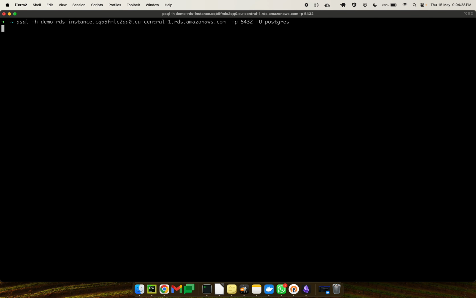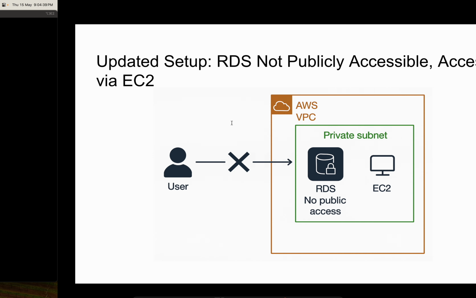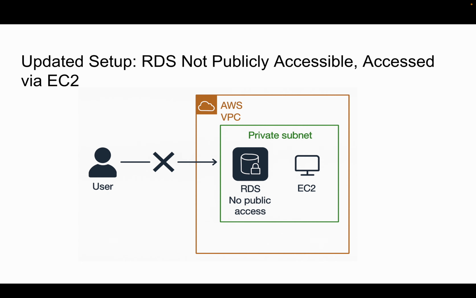If you remember, previously it was very quick, but now this will time out after a few seconds. I'll close this connection. Now we know that the instance is not accessible over the internet.